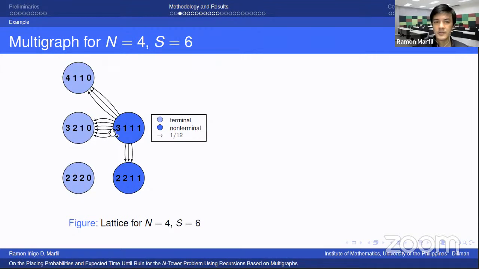Magkakaroon tayo ng 6 na transitions or 6 na edges mula dito papunta dito. Okay? And doing the same for the state 2211, it is possible to transition from this state to this state. Posible rin na papunta dito, and posible rin na papunta siya dito sa 2220. Okay?